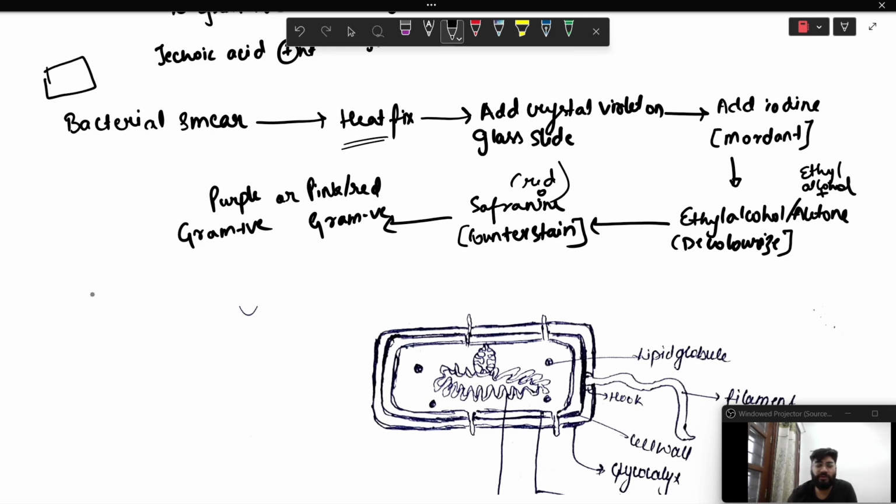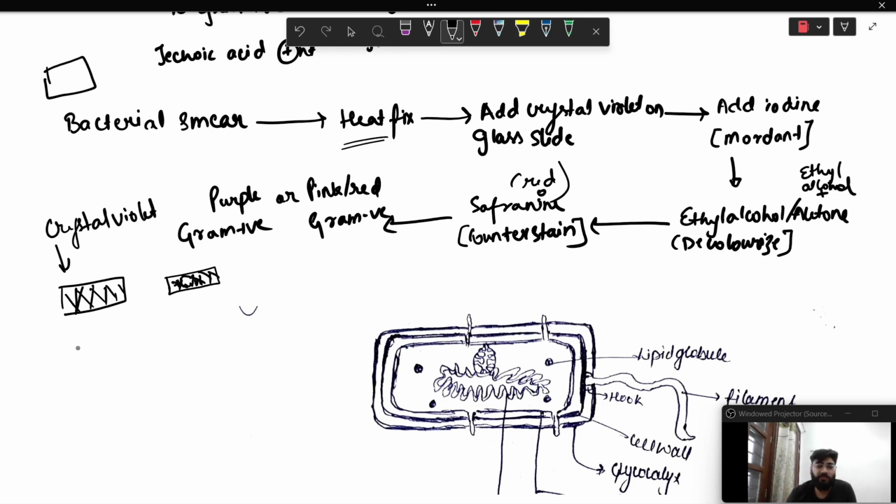So what I am going to explain is, as I have already told, the cell wall of gram positive is thick and the cell wall of gram negative is thin. So when we add crystal violet, the crystal violet is deeply absorbed in the gram positive cell wall, and it is not very deeply absorbed in the gram negative cell wall.